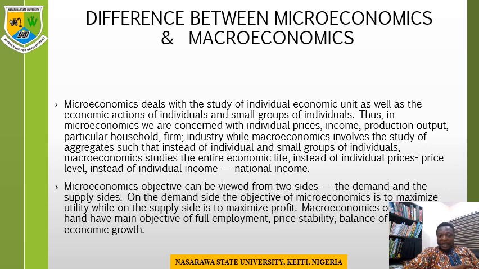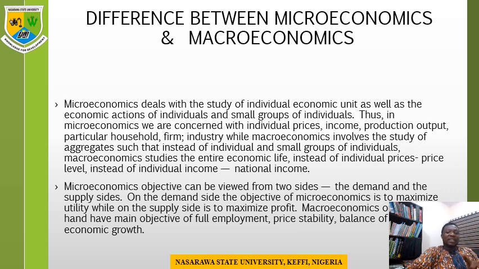Microeconomics, which is MI, deals with the study of individual economic units, as earlier mentioned, as well as the economic actions of individuals and groups of individuals. Thus, in microeconomics, we are concerned with individual prices, income, production, output, a particular household, firm, or industry. So you can see the attention of microeconomics is basically on individuals, small groups of individuals, a particular firm, a particular industry.